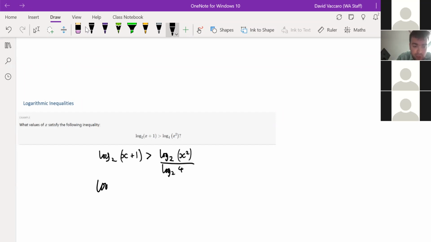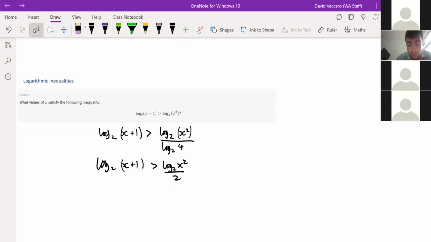And then we've got log 2 of x plus 1 is bigger than log 2 of x squared divided by 2. And what would be very sensible to do at this point, having learnt our lesson from earlier on when we did the square root functions. With the square root functions, by the way, I deliberately didn't think about restricting the range at the start because I really did want to get the wrong intervals. But here, I want to make sure that I restrict to x is bigger than -1.